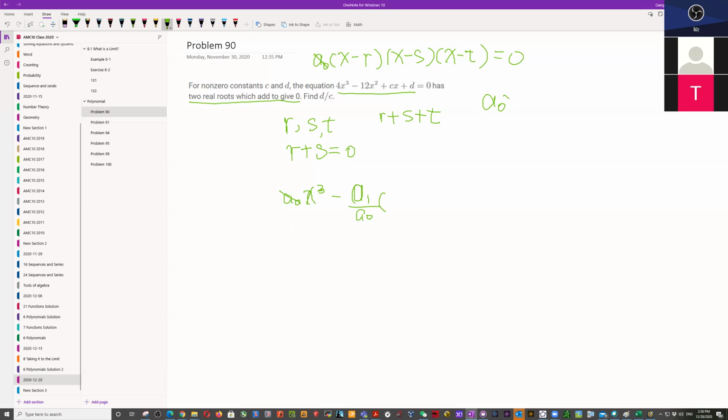So A0 x cubed plus A1 x squared plus A2 x plus A3 equals 0. This is the generic format, just looks like this. Then if you make it monic, it's going to be x cubed plus A1 over A0 x squared. So basically I'm trying to write it out, so you will have more of a feeling for the quintessential meaning of this thing.